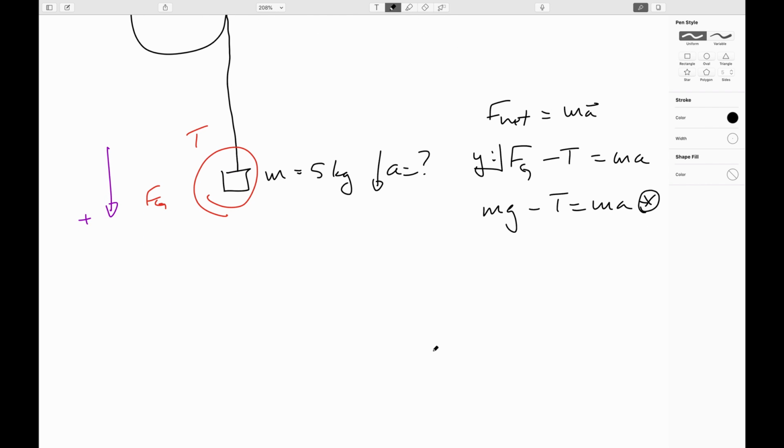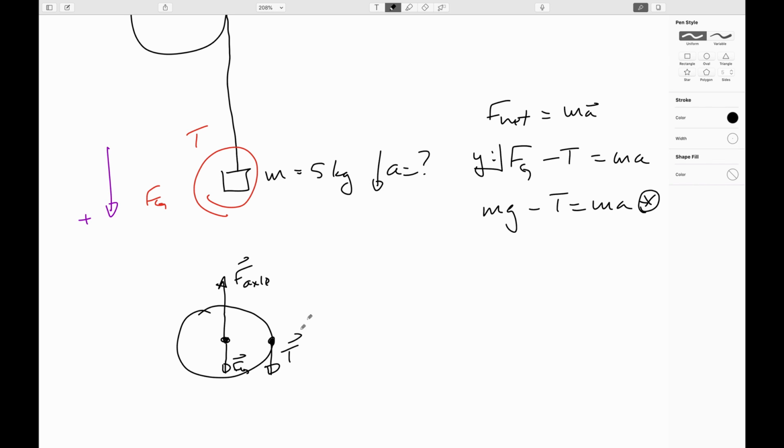So for our disk, let's draw an extended free body diagram for it. So there will be a force being applied due to the axle on the object. There will be a force of gravity acting on it. We don't know either of these, and there will also be a force due to tension on the object, and we don't know that one yet either. So this seems hopeless until we think about the rotation.